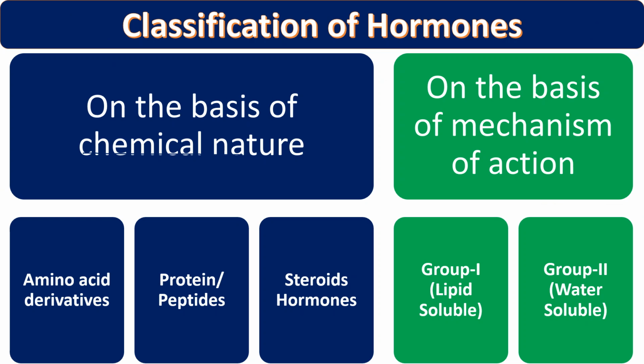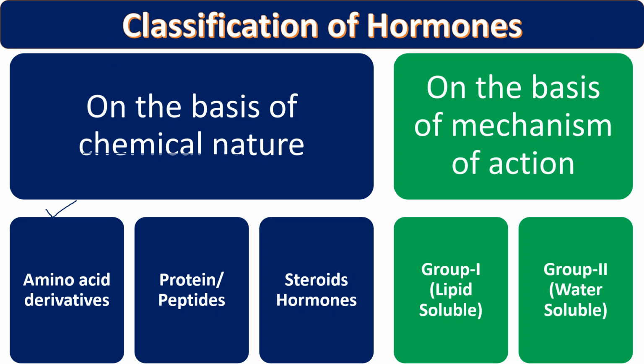First category is any hormone which is coming from amino acids. Single amino acid or single amino acid derivative hormones come under the first category, that is amino acid derivatives. Second category is where it is not composed of a single amino acid, it will have more than one amino acid in the form of peptides.